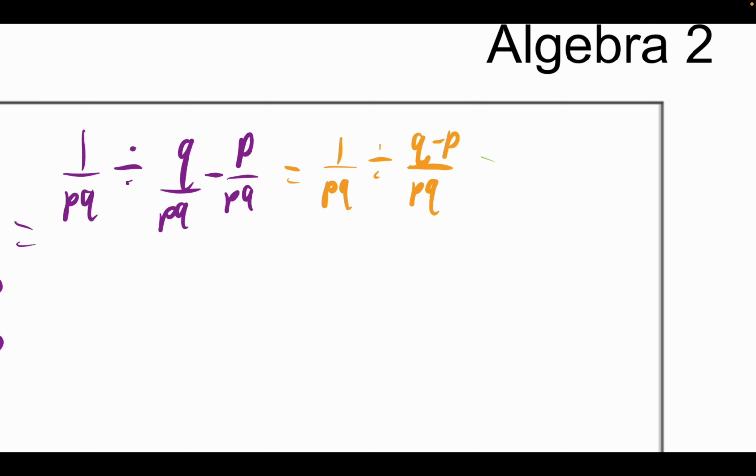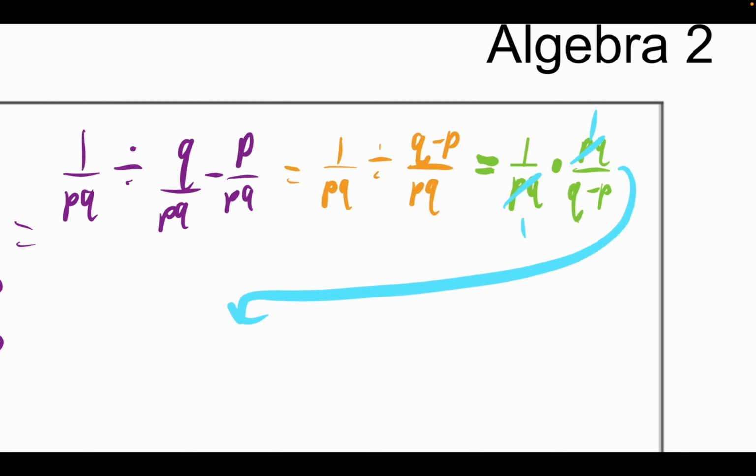And then it would become 1 over pq times pq over q minus p. So you would be more than welcome to go from the purple to green if it makes sense to you, but otherwise just go purple to orange to green if that works best. pq and pq reduce to 1, so I just get 1 over q minus p as my answer.